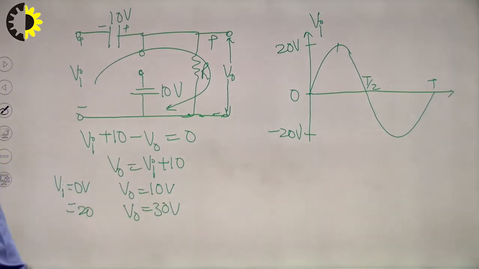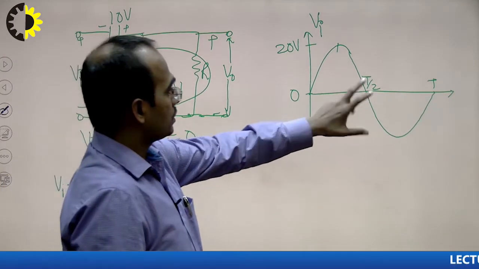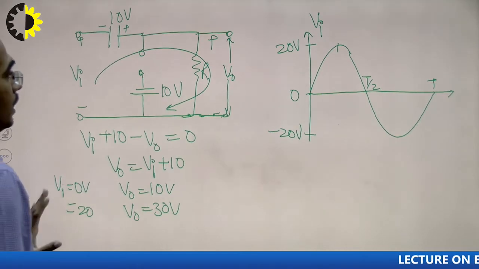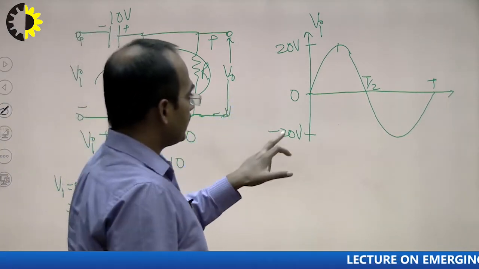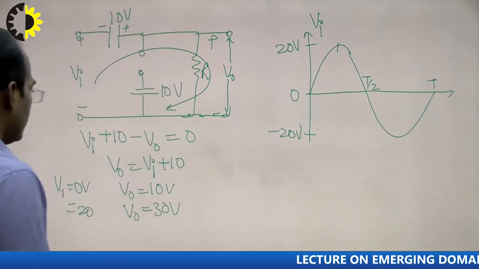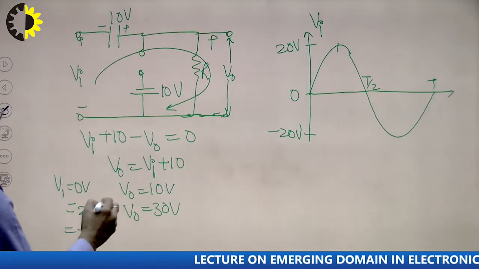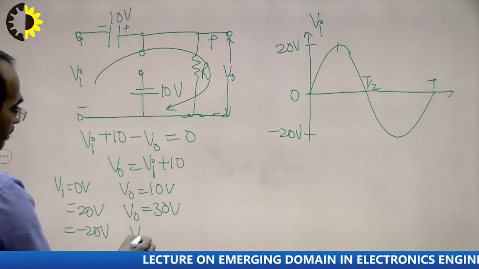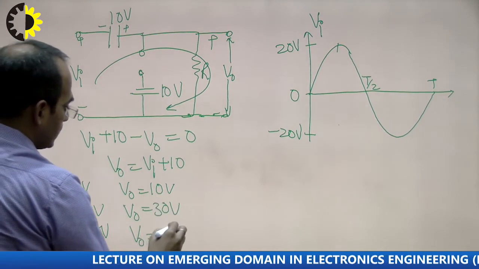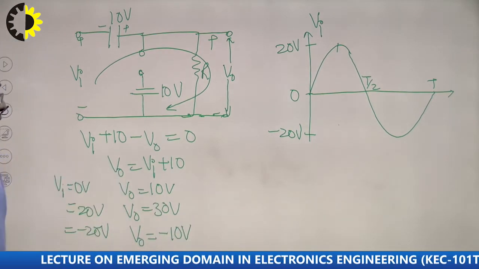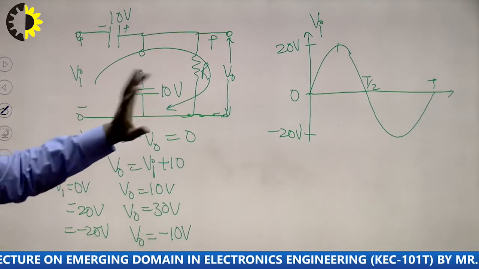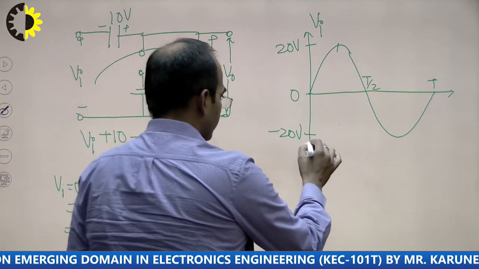When again Vi is equal to 0, then the input is this. Again you can check when Vi is equal to minus 20 volt, the output will be minus 20 plus 10, that is minus 10 volt. Now, you can draw the output with respect to the input waveform.